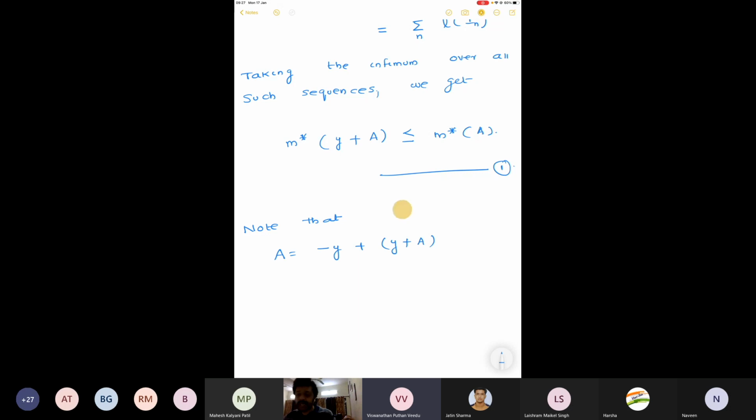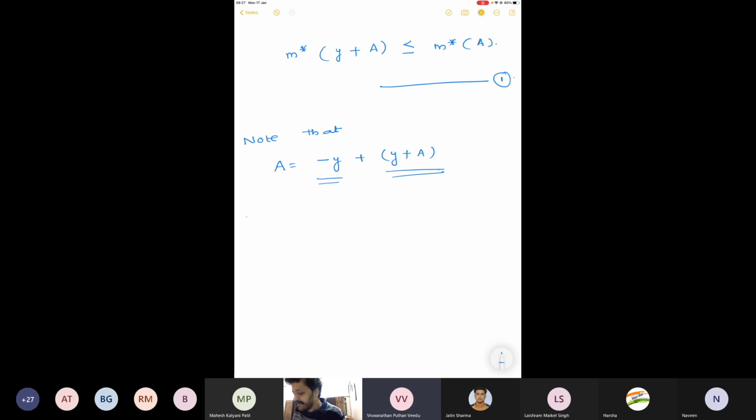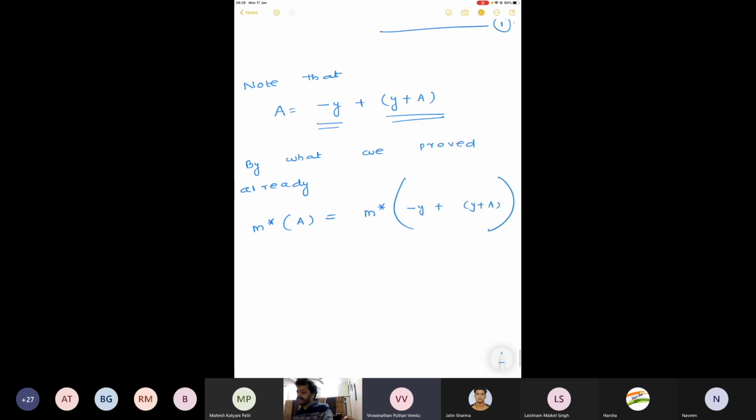So minus y plays the role of y, and y plus A plays the role of A. By what we proved already, M star of A, which is equal to M star of minus y plus (y plus A), and M star of a translation is less than or equal to M star of the original.